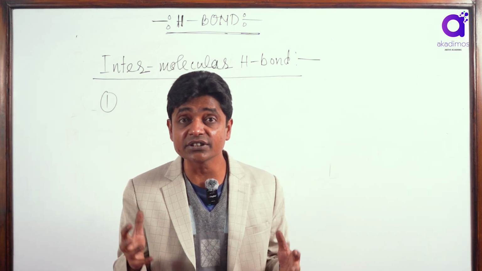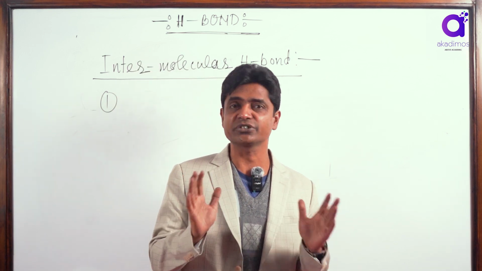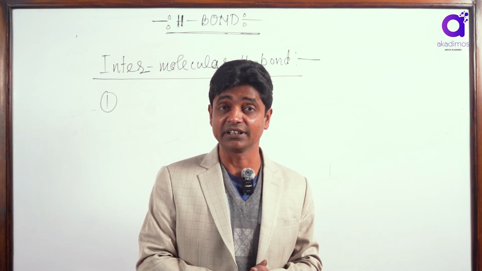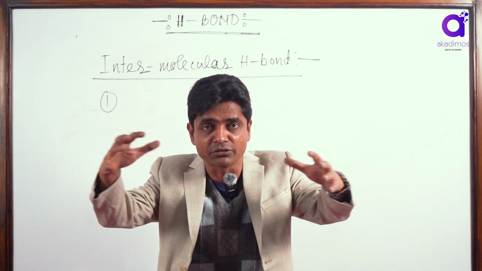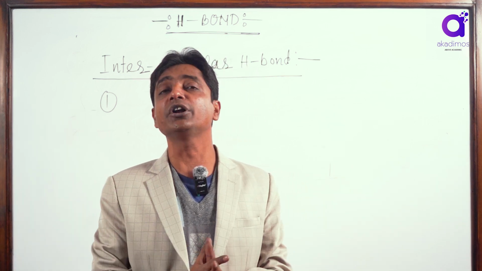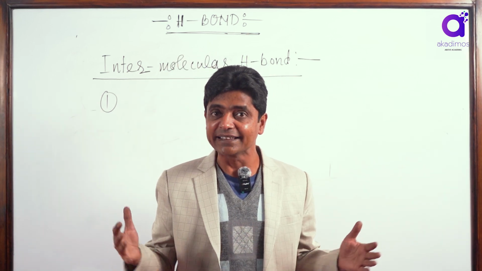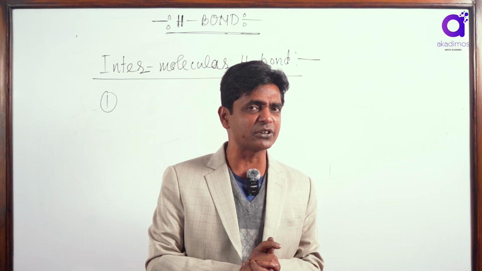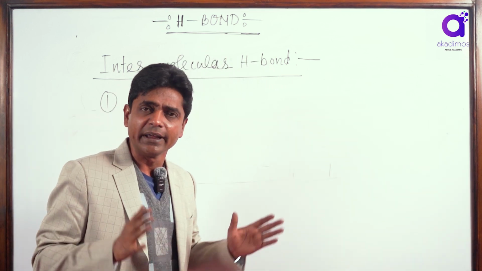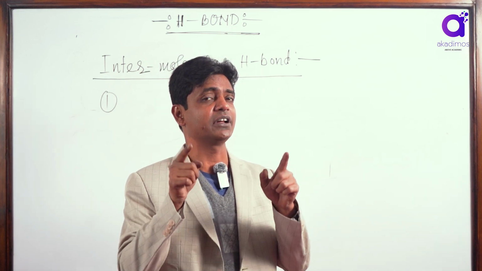It will increase the intermolecular attraction. I told you hydrogen bond is a special type of bond. Its corresponding energy is much greater than dipole-dipole attraction. It will increase the intermolecular attraction. That means the associated properties of the molecule will change abnormally due to hydrogen bond. Tell me one example of an associated property. The first: intermolecular hydrogen bond increases intermolecular attraction, which increases the boiling point abnormally.